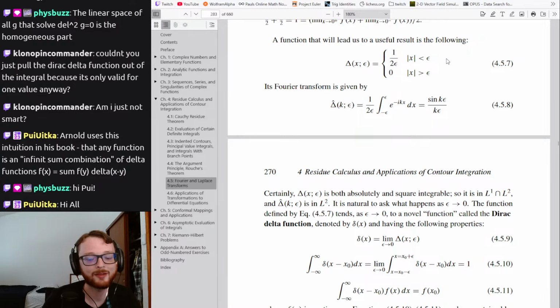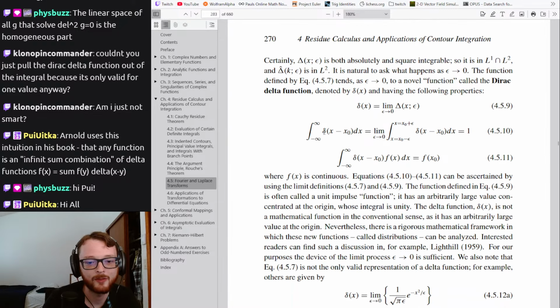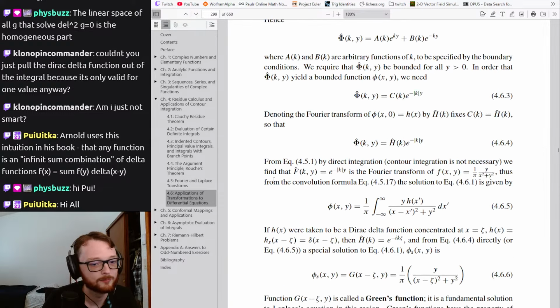That's funny. I can kind of see the idea with how this grabs you one value of a function, and so in theory you could get any value of the function you want with this version of it.